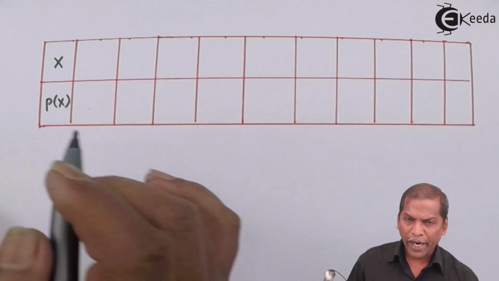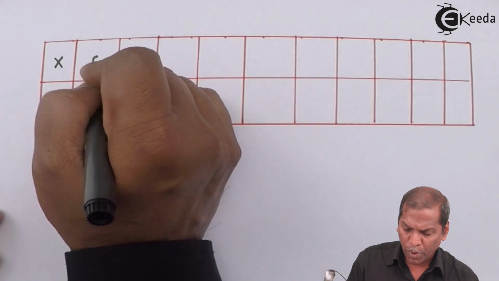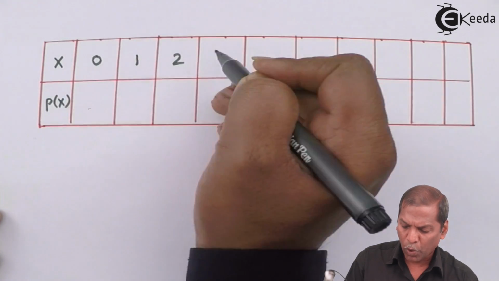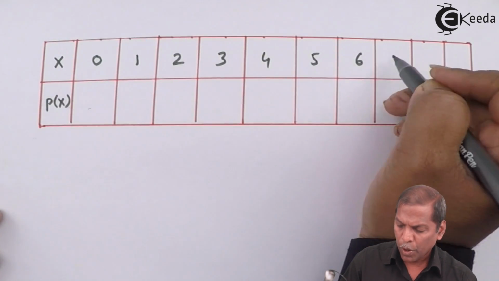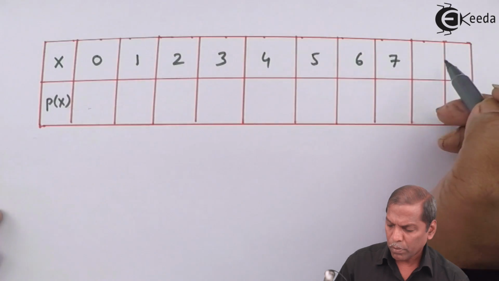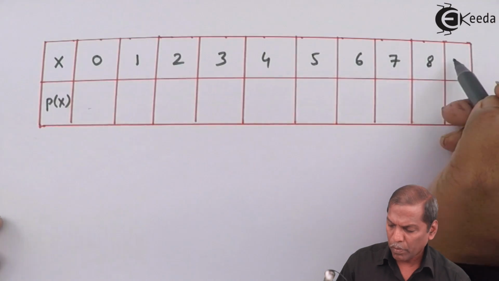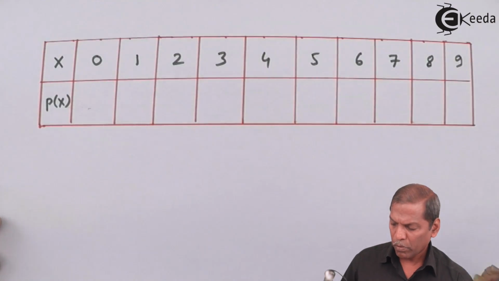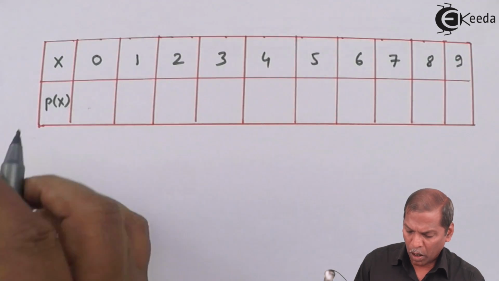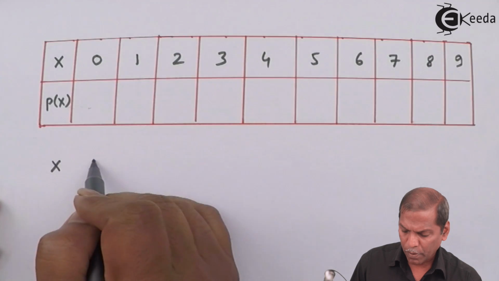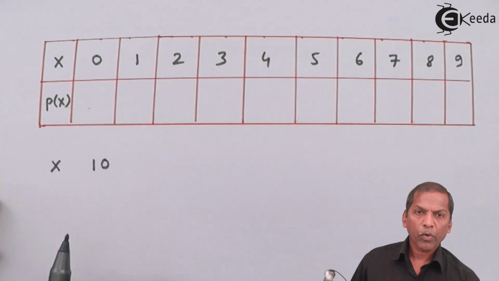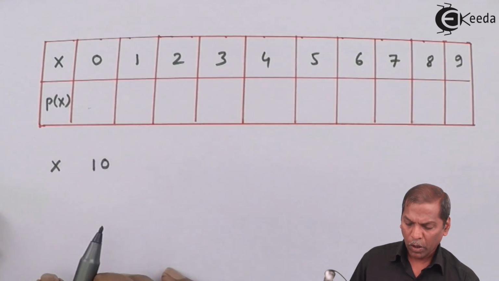Now here x takes values 0, 1, 2, 3, 4, 5, 6, 7, 8, 9, and one more value, that x is equal to 10.